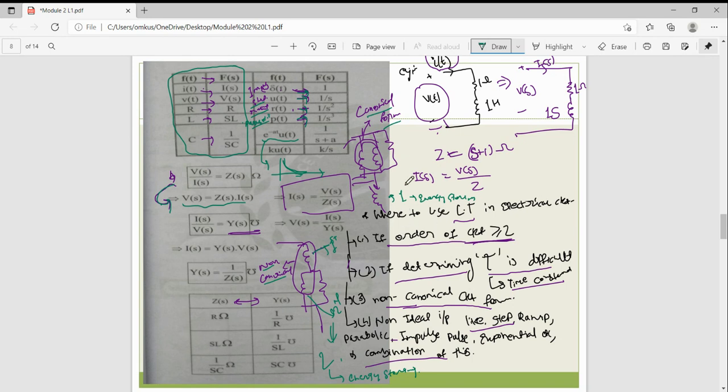Now where is the Laplace transform used?